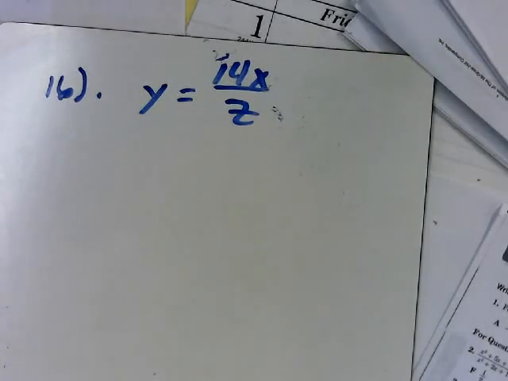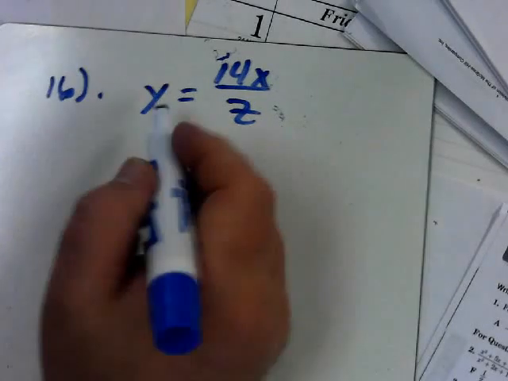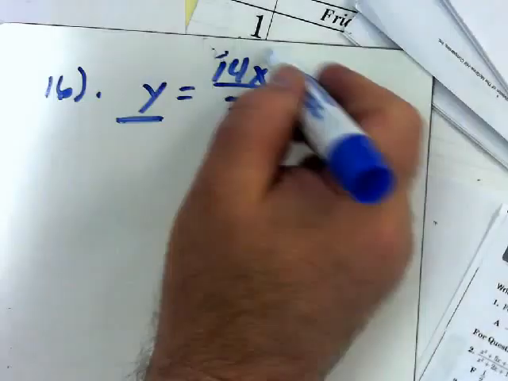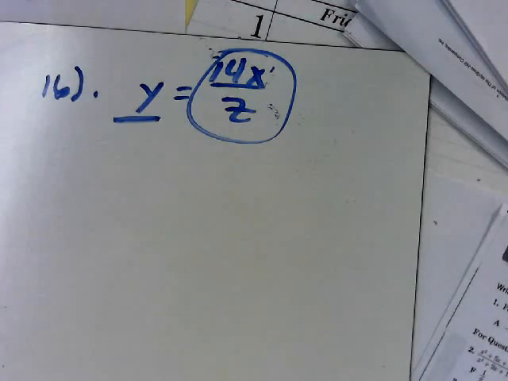Number 16, the equation y equals 14x over z with dependent variable y represents what kind of variation? Well, here's your dependent variable y. Dependent means that's what you're solving for. What type of relationship is this? No, joint.